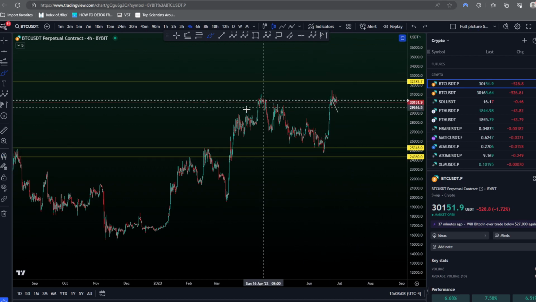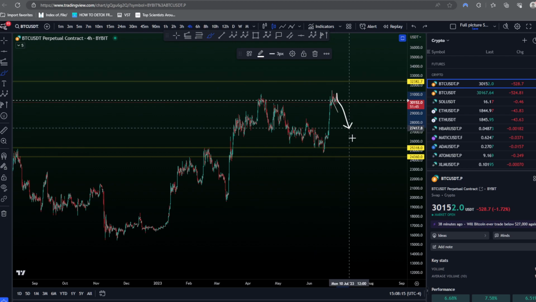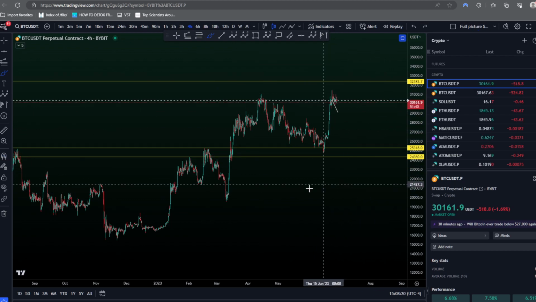Or are we somehow just going to take the liquidity up here like we did and start coming to the downside? And what would our possibilities be if that was to happen?